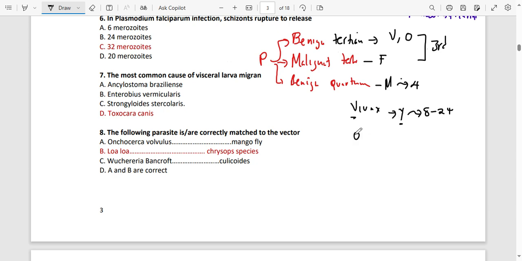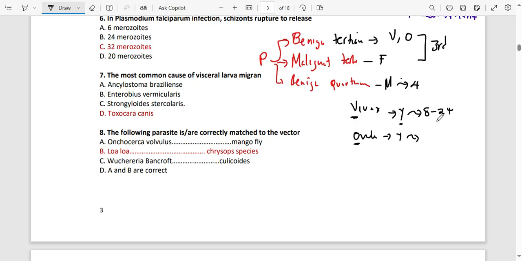And then ovale also infects young cells. Remember we said that where you see vivax, you also see ovale, because they have similar characteristics. That's why they both have relapse. And for ovale, remember O comes earlier in the alphabet than V.